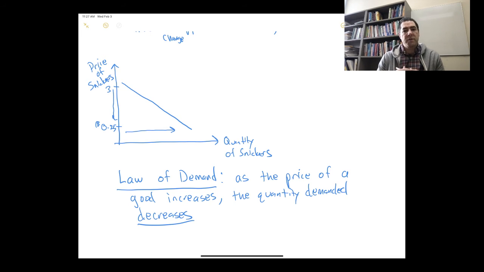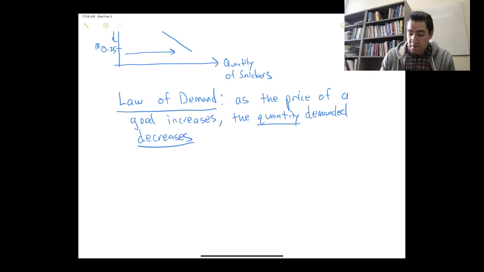Now, we'll get a better understanding of why exactly that's true in the next video, but here we're just stating that fact. One thing that's important is the terminology that I've used here. I said the quantity demanded decreases as the price of the good increases, not just that the demand decreases. We're going to make an important distinction between quantity demanded and demand.